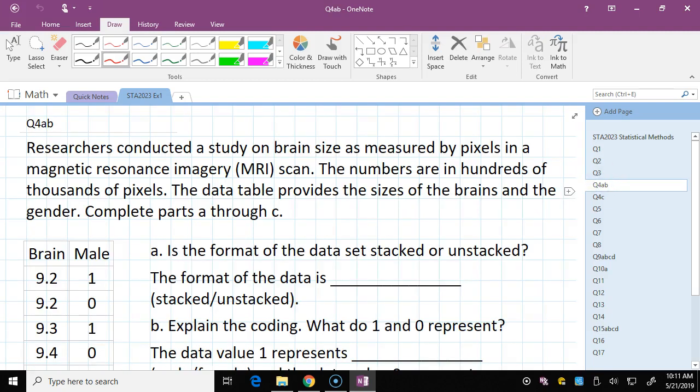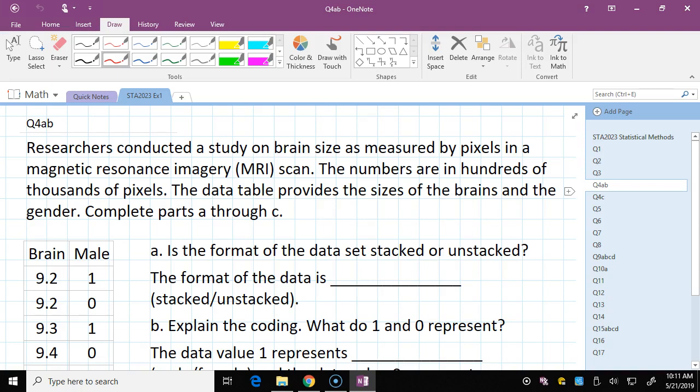All right, question 4. Question 4 has multiple parts to it. So it says researchers conducted a study on brain size as measured by pixels and magnetic resonance imagery, MRI, scans. The numbers are in hundreds of thousands of pixels. The data table provides the size of brains and the gender.